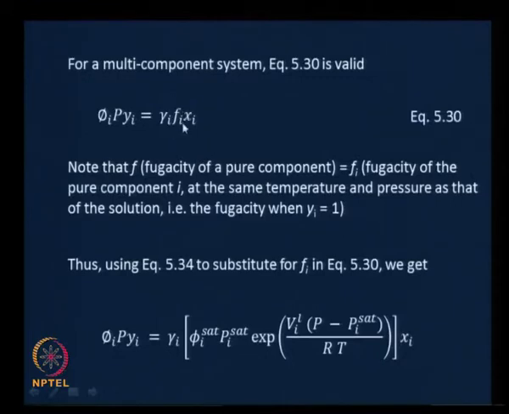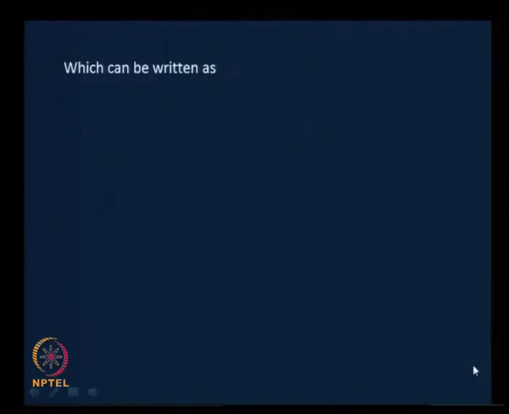Instead of F I, we are going to write phi I sat P I sat exponential of V I L into (P minus P I sat) divided by R T. We just substituted F I with the one that includes the Poynting factor, which can further be written as phi I into P y I, the left hand side, equals gamma I P I sat x I.